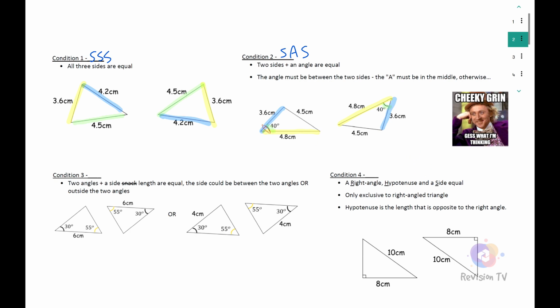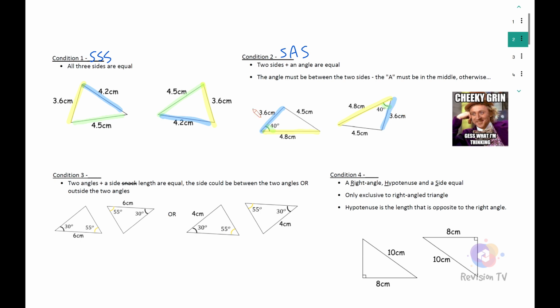So the angle, you can see, must be between the 2 lengths, 3.6 and 4.8. If this 4.8 was a 4.5, then they wouldn't be identical, and we can't prove it in here. Oh, actually they would, because it's SAS, but we can't use SAS because the 40 degree angle must be between 2 sides that are the same length.